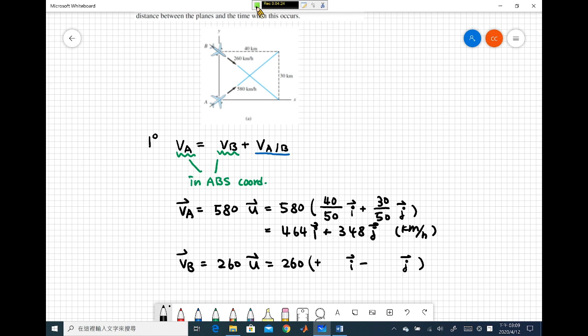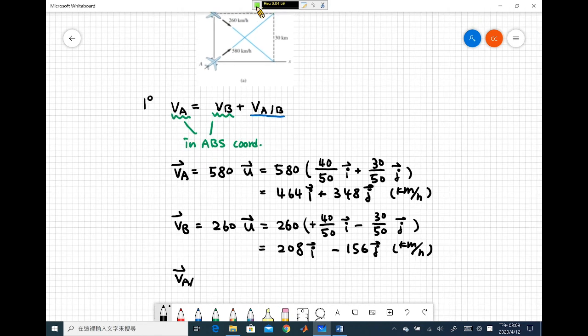Along the x direction, it will be 40 divided by 50. For the y direction, it's still 30 divided by 50. So after the calculation, it's 208i minus 156j in kilometer per hour.